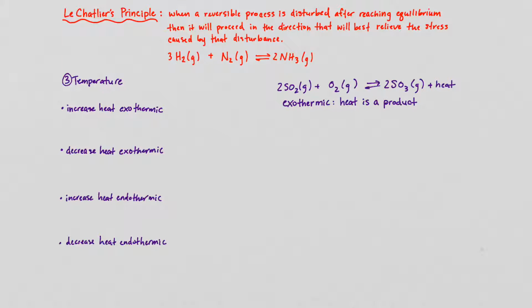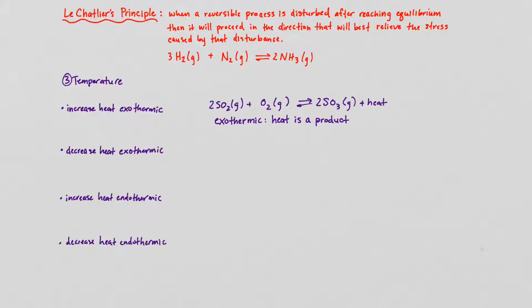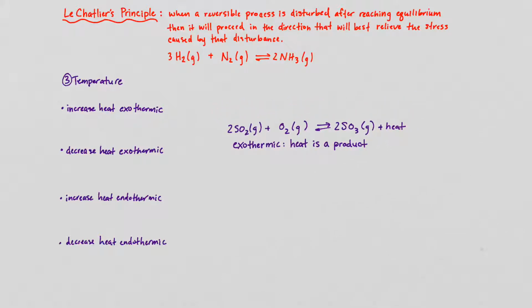So if you increase the heat of an exothermic reaction, and this reaction right here is actually going to be our exothermic reaction. Okay, so heat is a product. I'm going to take this boy and move him up here. Exothermic, heat is a product. So if you increase the heat, it's basically going to act like its own product with a concentration.